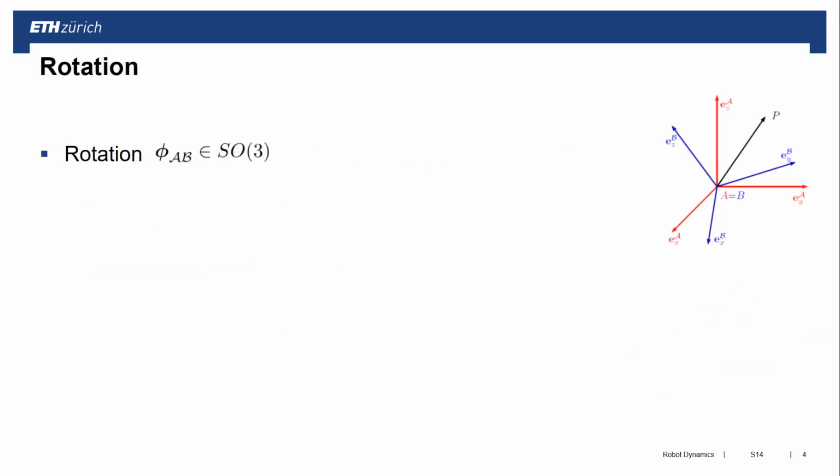Then we went into rotations. Rotations are a little more tricky because they're living in SO(3). We started with the rotation matrix. I showed you how this rotation matrix is built up. In essence, what we have here in these brackets are the x-axis of the B frame expressed in the A frame, and the same for the y and the z-axis.